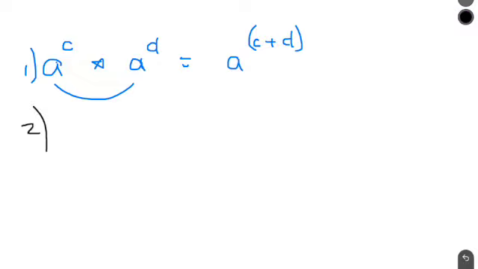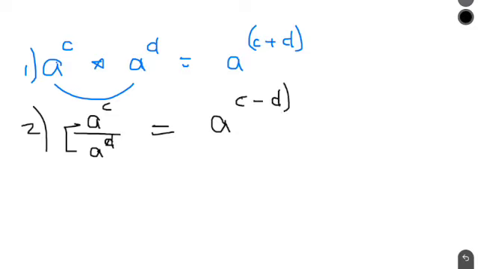A second rule that we're observing is where we're dividing two numbers with the same base but different powers. In order to solve this problem, we keep the base and just subtract the exponents.